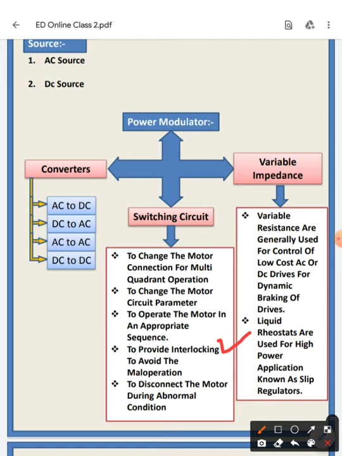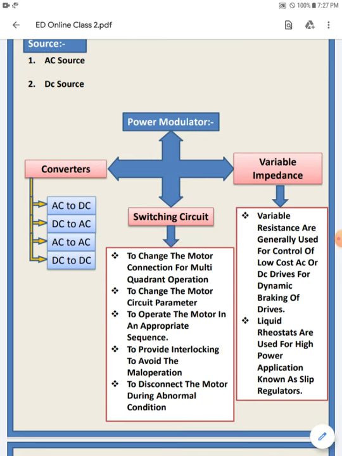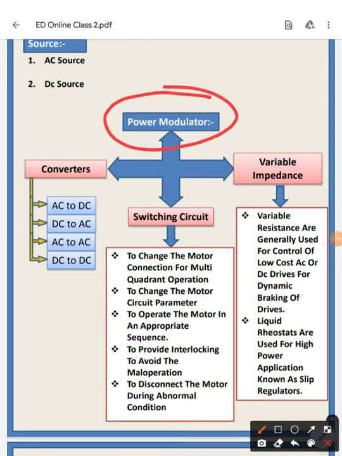Or you can also say that in an abnormal condition you need to stop the rotating system or electrical drive system. In that case also these switching circuits are required. So the basic things we have learned in the power modulator are three fundamental parts: the converter, switching circuits, and variable impedance.